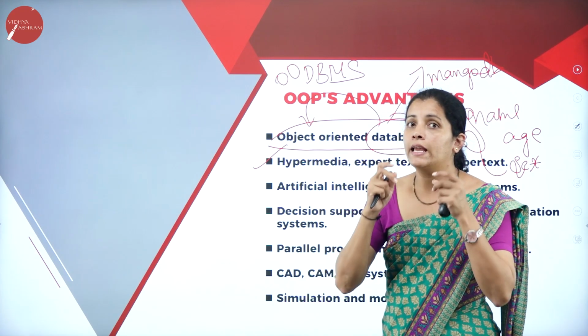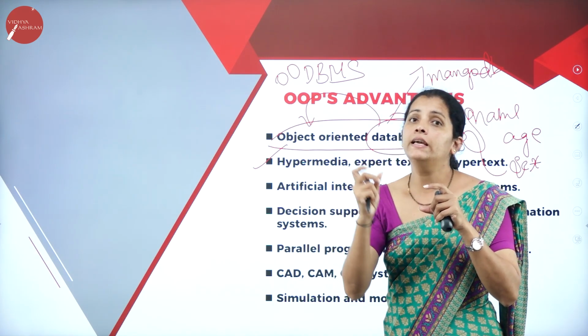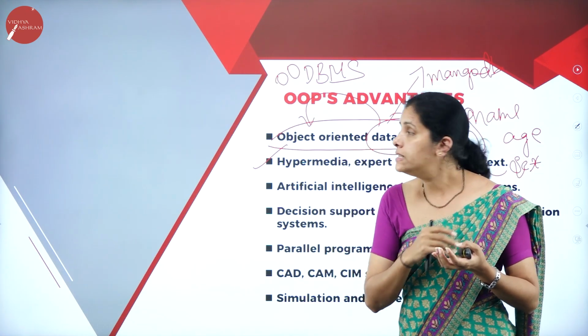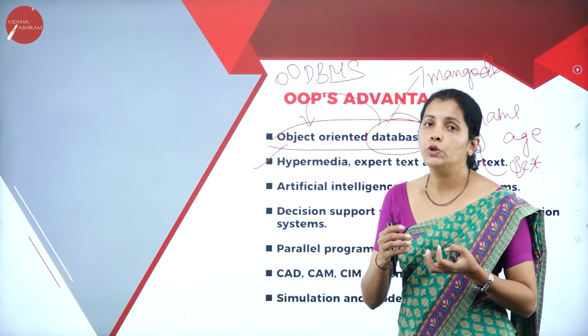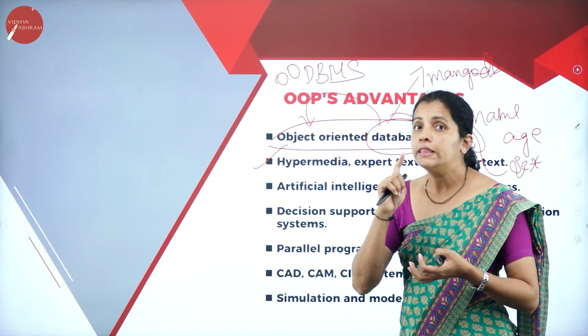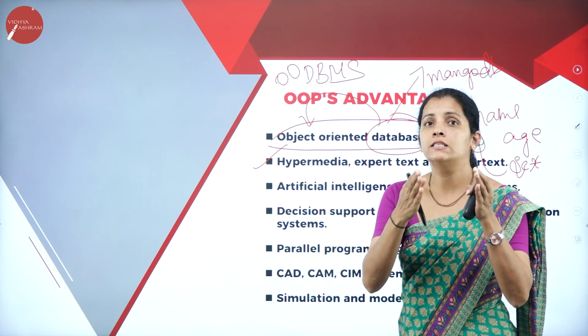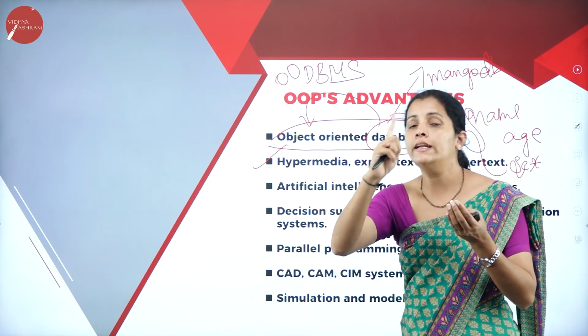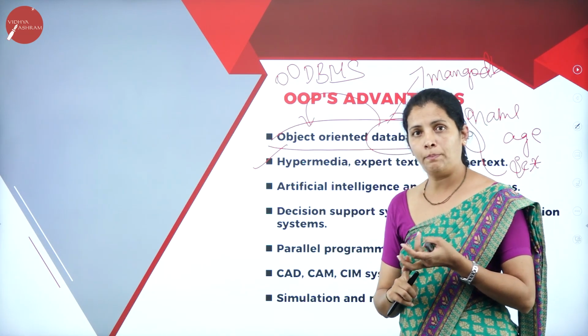That means I can embed the link in the page. For example, consider that I'm going to use Amazon. There I'm going to select a certain product, and when I click that product, it is redirected to another page.